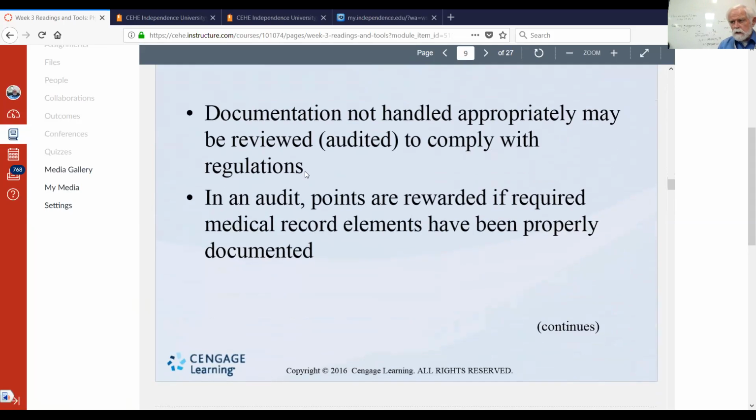Regularly, our records get audited, and they could be audited by the home office of whoever owns our pharmacy. Walgreens, of course, has a home office, as do all the others. And they will regularly audit each pharmacy to be sure that their documentation is up. The state may also choose to audit records.